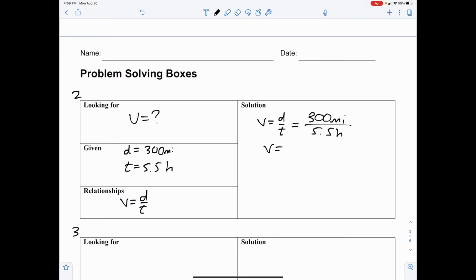Okay, we should be getting about 54.5 miles per hour. And we're going to write miles per hour as mi/h, not MPH. You could have, of course, rounded this up to 55 miles per hour. That would have been fine.